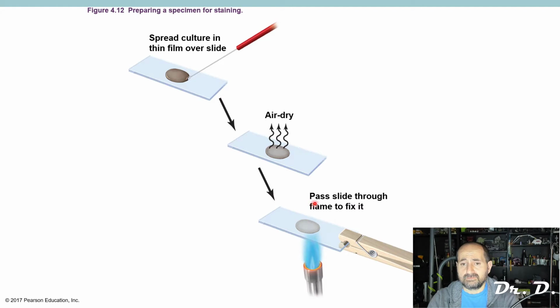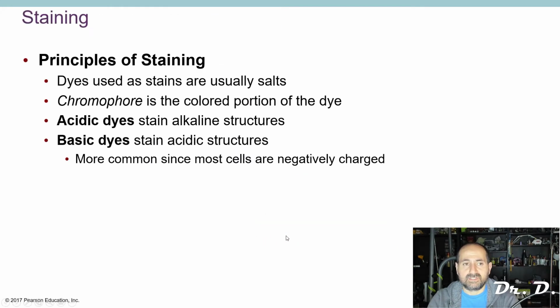You pass the slide across the flame, and this will do one main thing: heat fixing helps to adhere the bacteria to the slide. Therefore, when you go to do your staining, the bacteria don't simply wash off the slide.